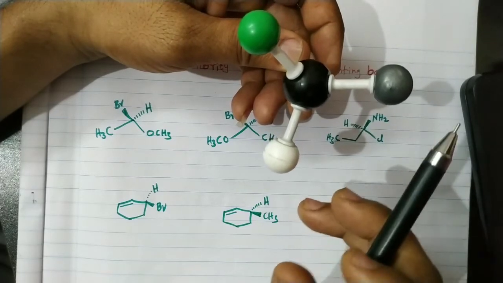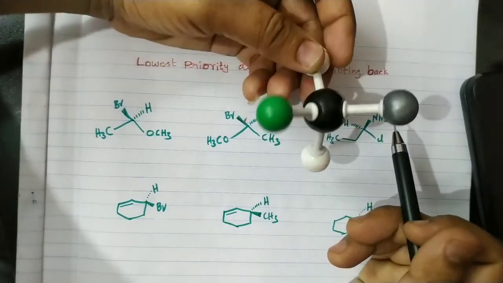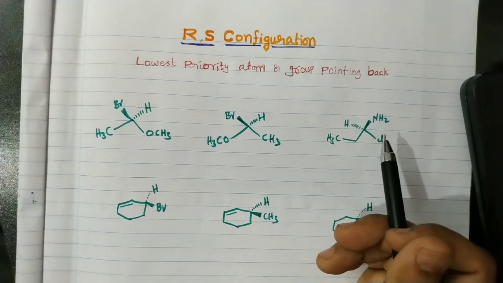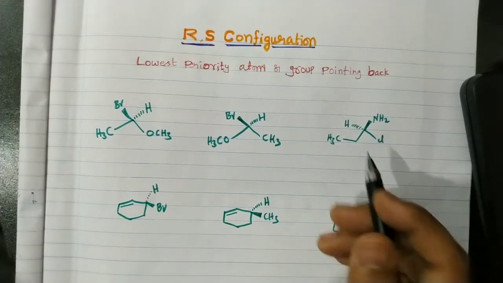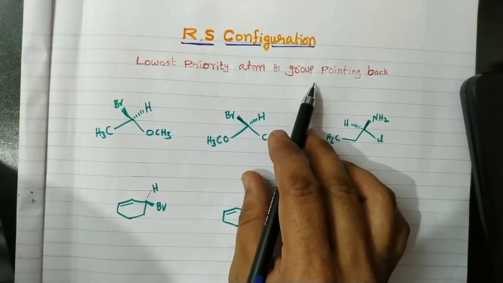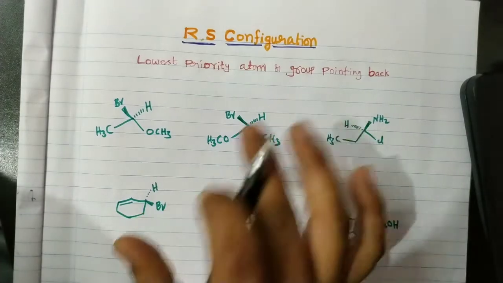If it is in anti-clockwise direction, S configuration. So the primary condition is that the least priority group must be pointing back, the lowest priority atom or group pointing back. Let us discuss some examples of this condition.